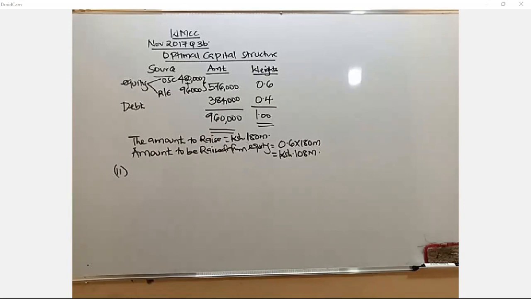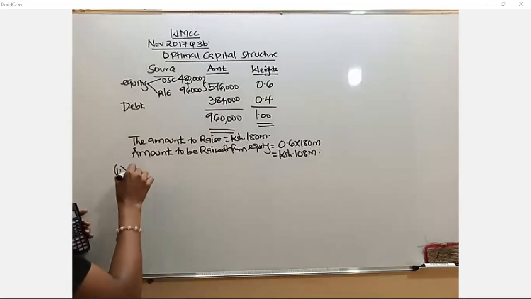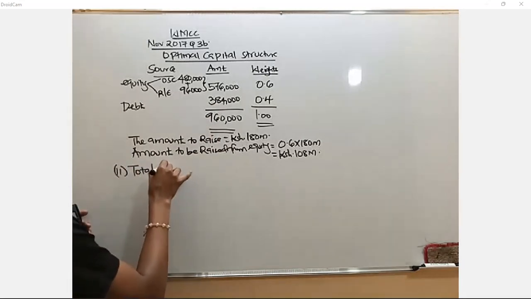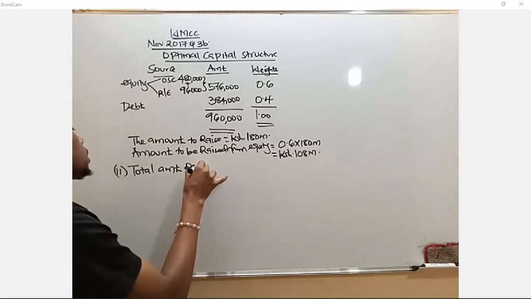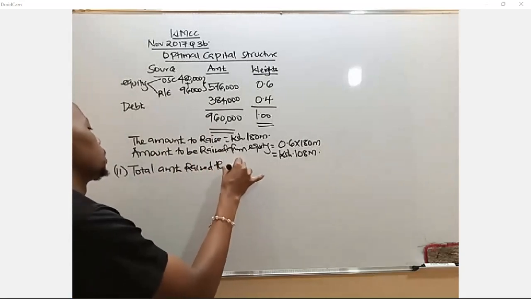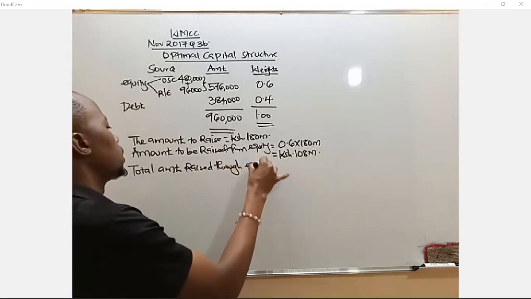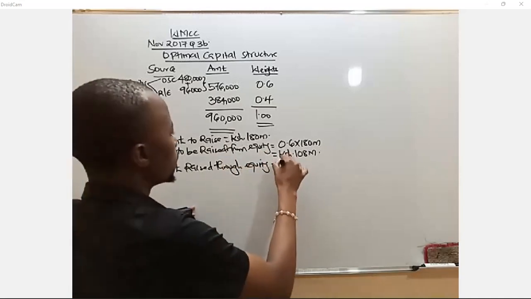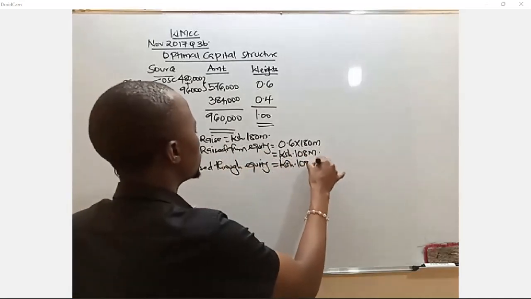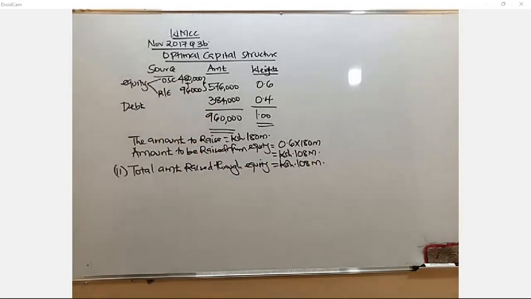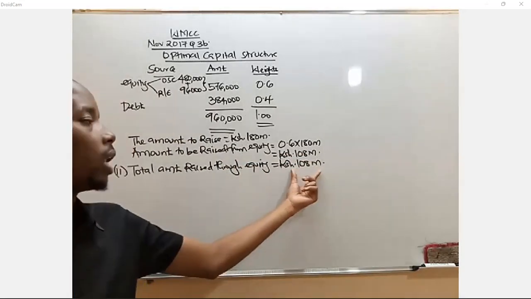So let us answer that question in this manner. The total amount to be raised through equity is Kenya shillings 108 million. What about the amount we are raising through retained earnings? Because we know very well, equity is a combination of ordinary share capital and retained earnings.